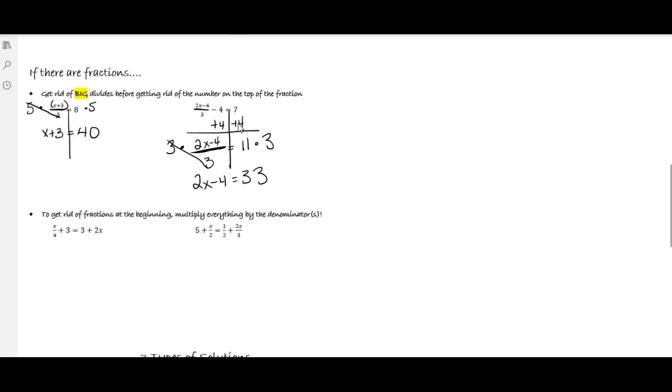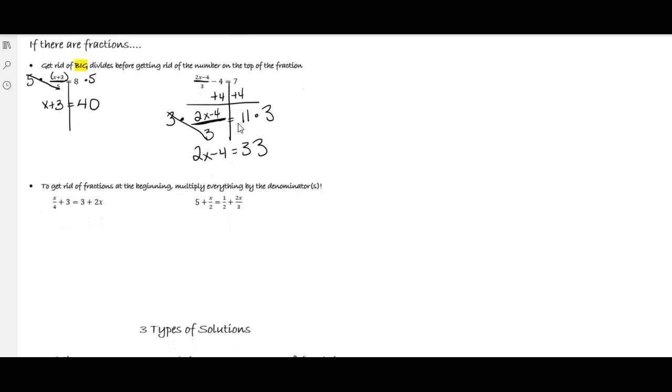All right, these next two are a little harder because there's a couple different things. So let's see, draw my line down. I can't really get my x's to the left yet because this one's a fraction. I think what most people are going to want to do is get rid of that fraction first. So the way I get rid of that fraction, to get rid of a divide by 4, I multiply by 4.